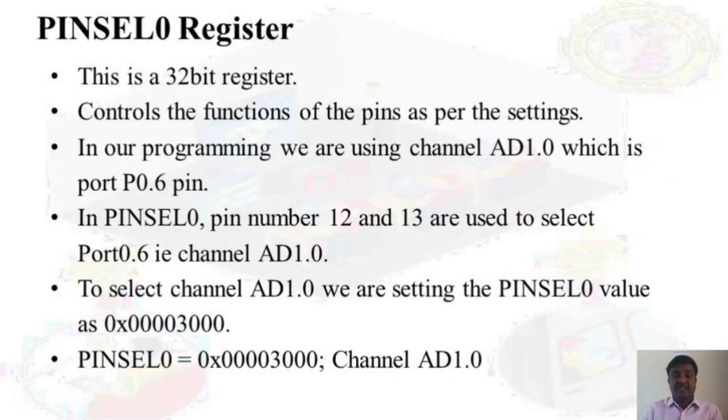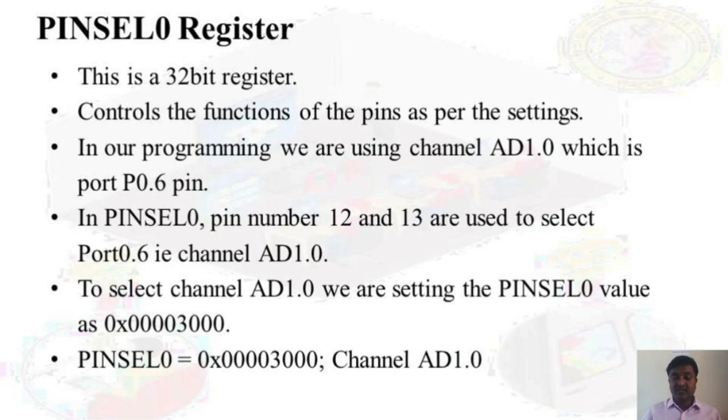Now let us see the PINSEL0 register. This is a 32-bit register that controls the functions of the pins as per the settings. In our programming, we are using channel AD1.0, which is the P0.6 pin. PINSEL0 bits 12 and 13 are used to select port 0.6, that is channel AD1.0.